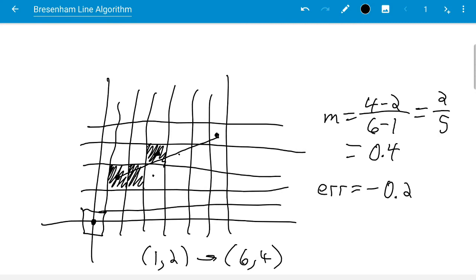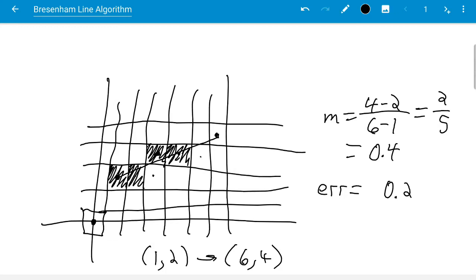Alright, so let's go to the next pixel. Move over x. That's going to add 0.4 into my error. So now I've got a positive 0.2, and that's still below 0.5. So this is the correct pixel.